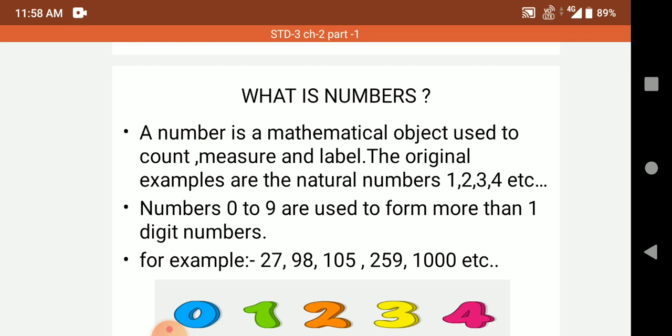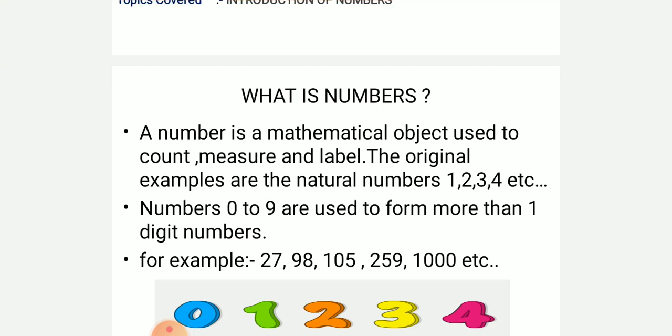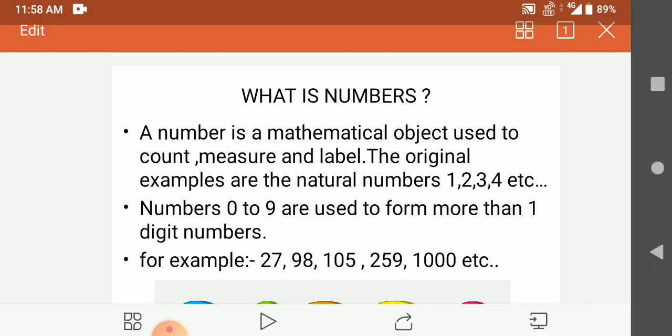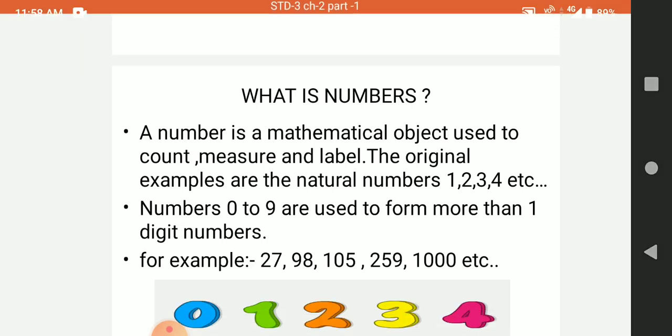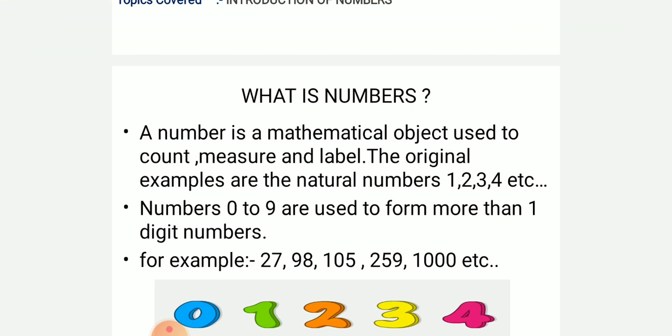The original examples are the natural numbers 1, 2, 3, 4, and so on. Numbers 0 to 9 are used to form more than one digit number.